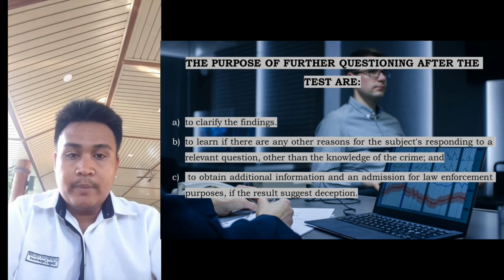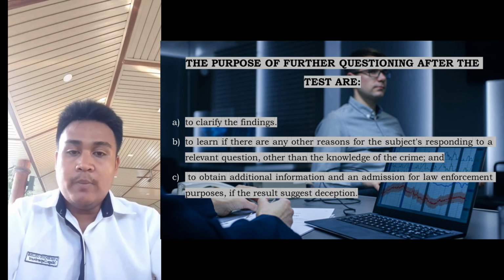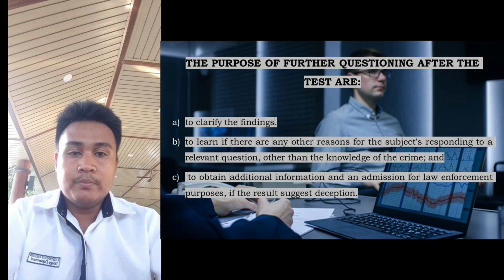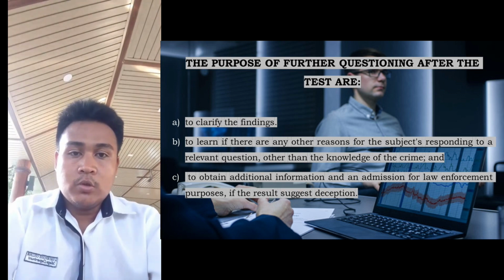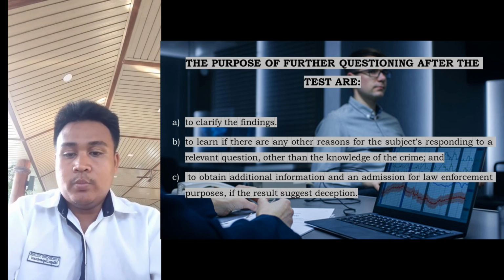To clarify the findings, to learn any other reason for the subject to respond to the relevant question and other knowledge of the crime. Obtain additional information and an admission for law enforcement purposes if the result suggests deception.